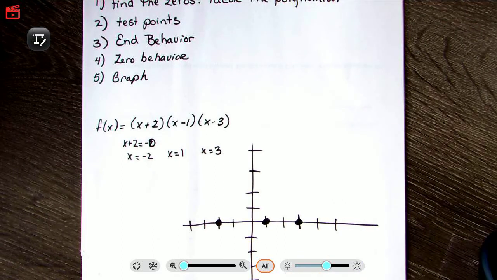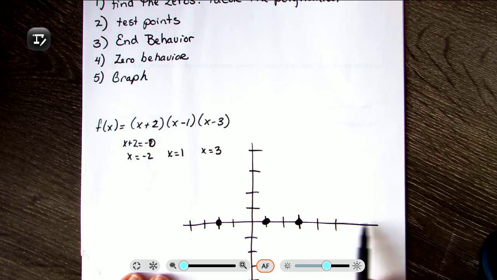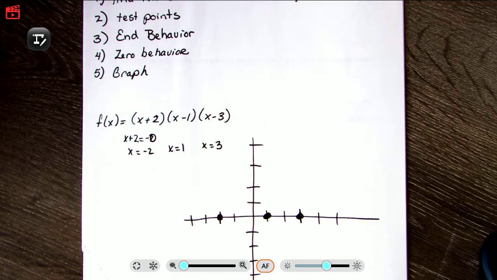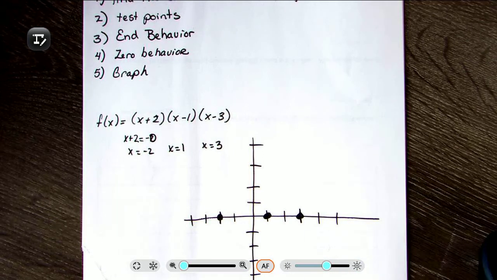So right now we have 3 points on our graph. This also divides our curve into regions: one below the first zero, one between these two zeros, one between these two zeros, and then one further out. I'm going to pick a point in each of those regions and plot a point. I'm also going to be looking at some of those other things to verify I did things correctly.